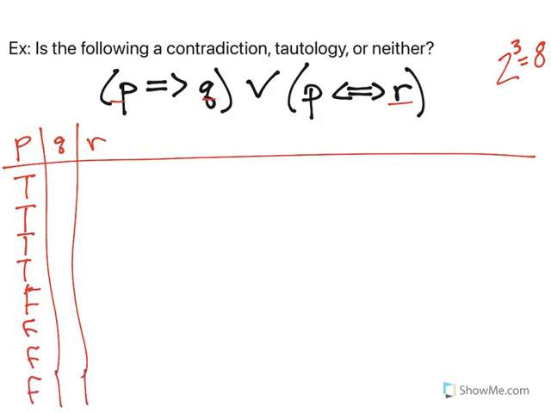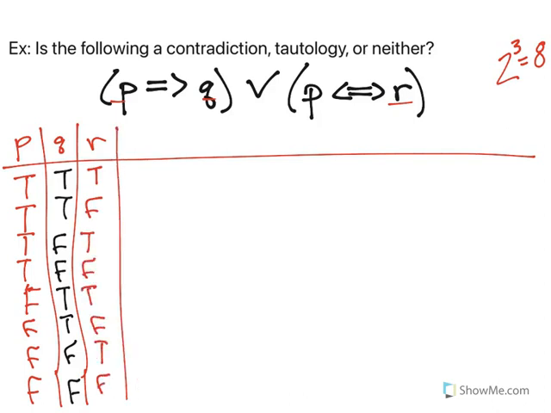Then for Q, I went 4 and 4, so I cut that in half and go 2 and 2: 2 trues, then 2 falses, 2 trues, then 2 falses. When I go back to R, I cut it in half again, so instead of 2 by 2, I do 1 by 1. The whole purpose is to have 8 distinct sets of three, true, true, true, true, true, false, as I read across.